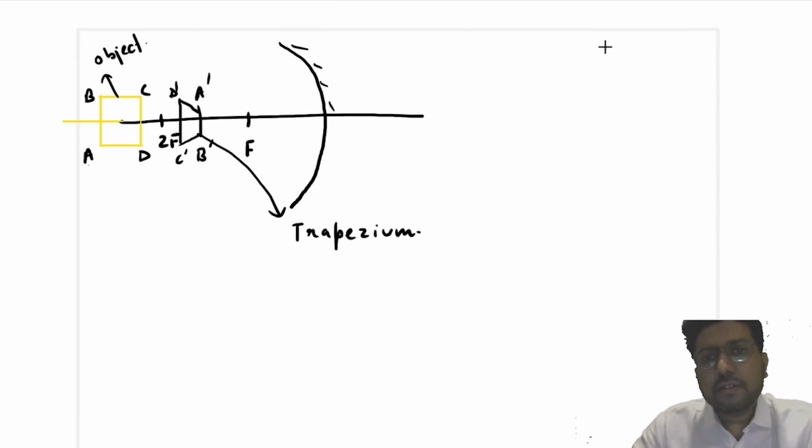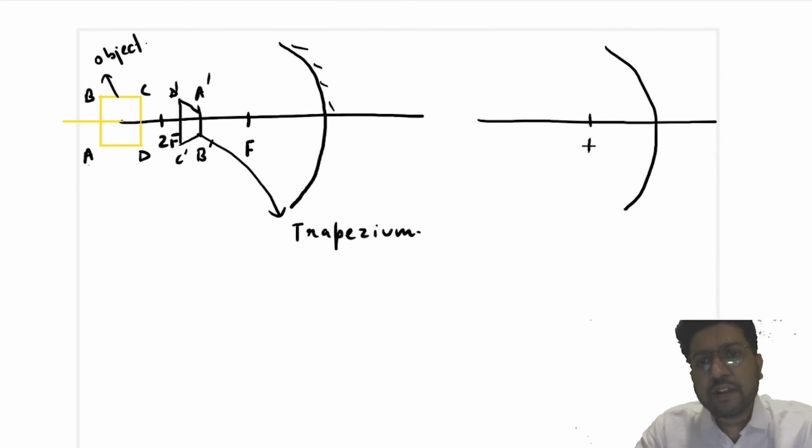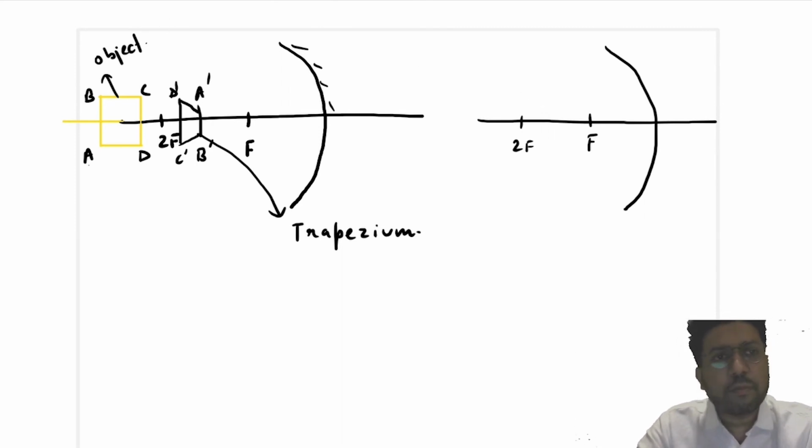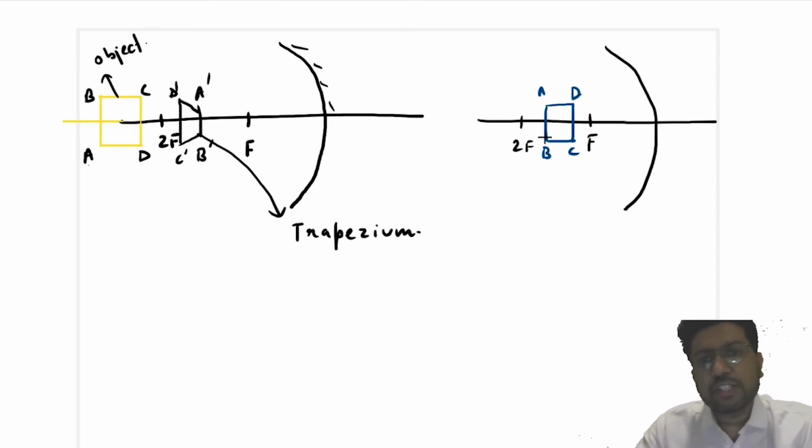Now, suppose the object is between F and 2F. So this is the object which is between F and 2F. In this case, what will be the image? This is A, B, C and D. Let us see what will be the position of the image in this situation.